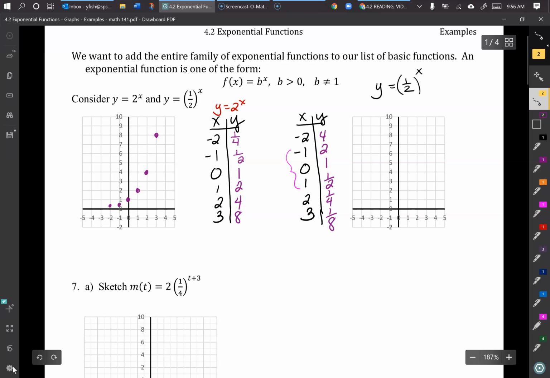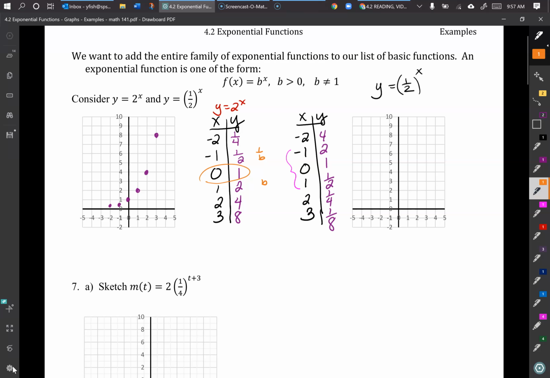Some things to notice here is the 1/2 is the same as 1 over b, if you notice that. (0, 1) is always going to appear on the graph. And you also will have b lined up with 1. So this is a pattern right in here that you can use to get those key points for the shape of any graph.